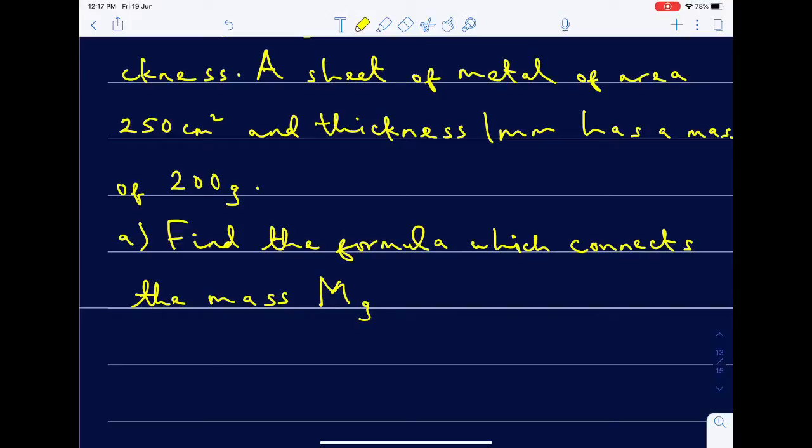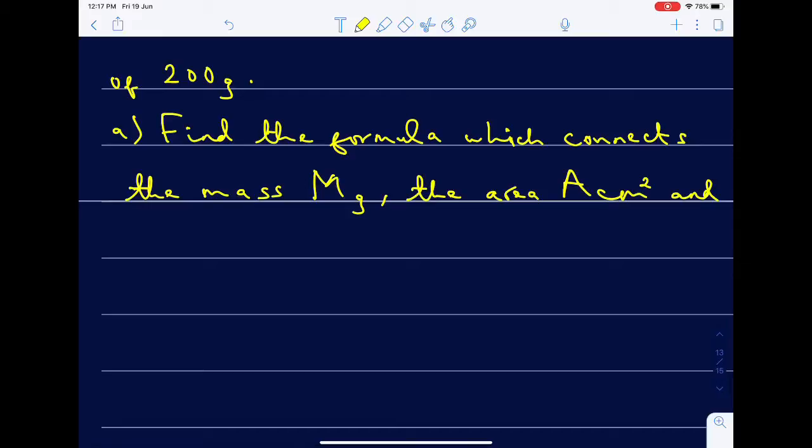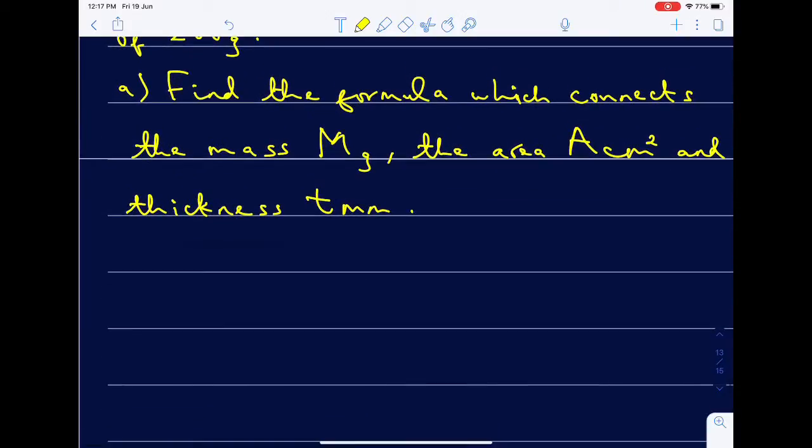That means the symbol for mass is big M and the unit is grams. They're already giving you symbols to use for the parameters. The area, big A in centimeters squared. Symbol is big A and unit is centimeters squared. And the thickness, small t in millimeters. That means the symbol for thickness is small t and its unit is millimeter.